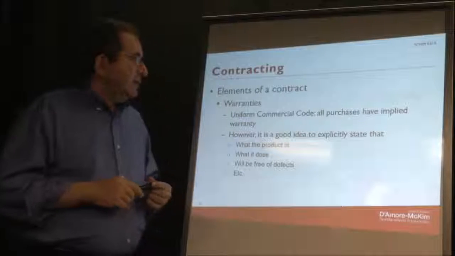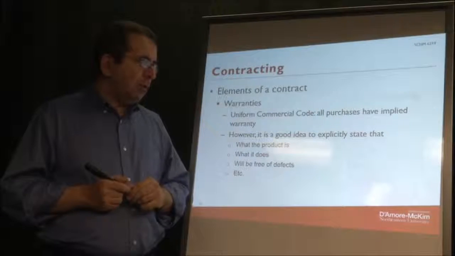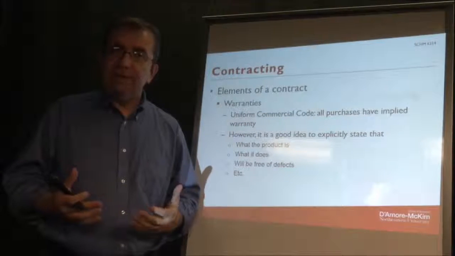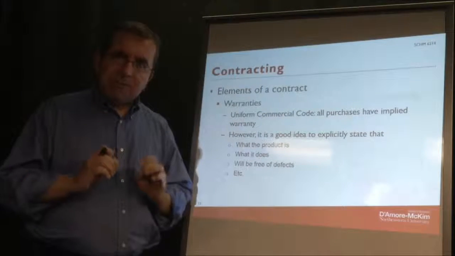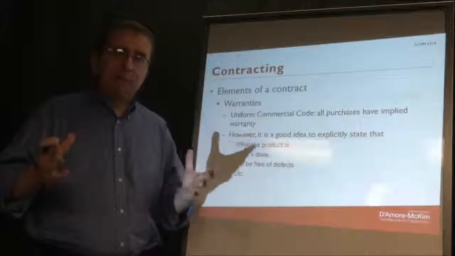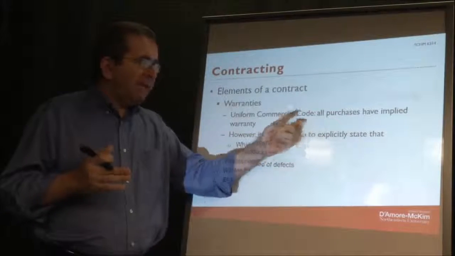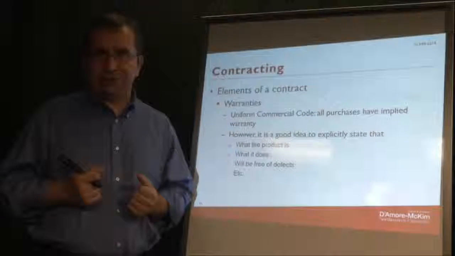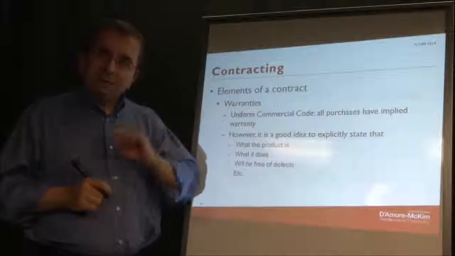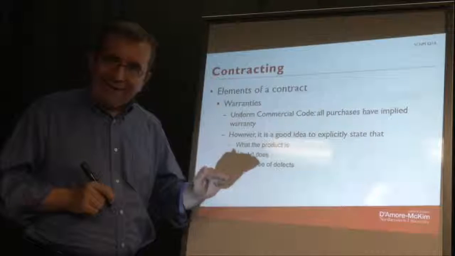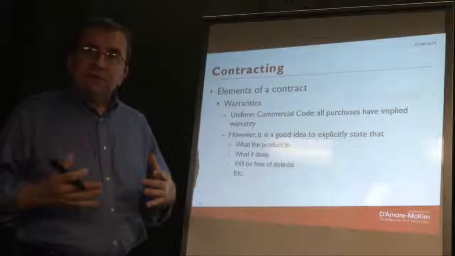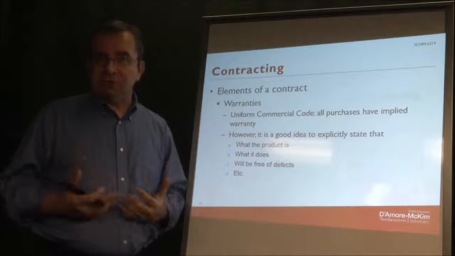The Uniform Commercial Code says all purchases have implied warranty, even though the supplier doesn't explicitly give you any warranty. There will be some minimal level of warranty implied with all purchases. Okay. However, it is always a good idea to write down explicitly what you're expecting from this purchase transaction.